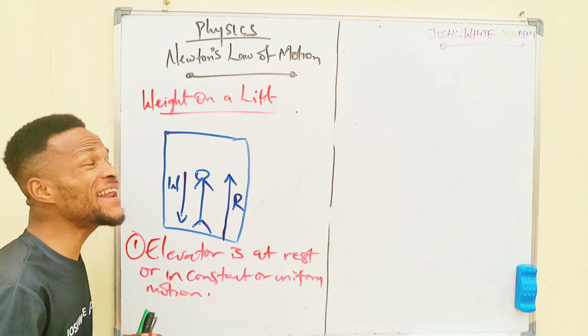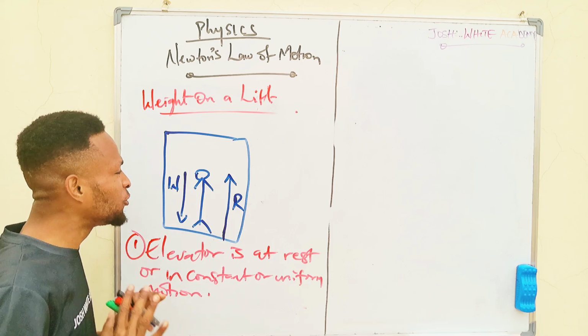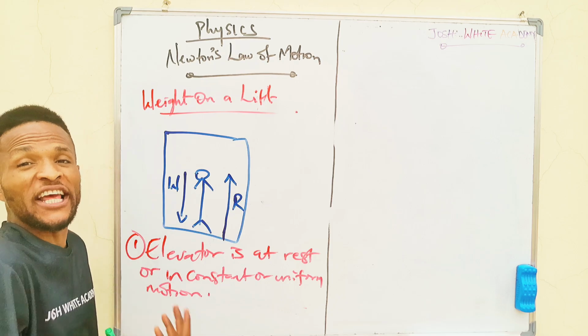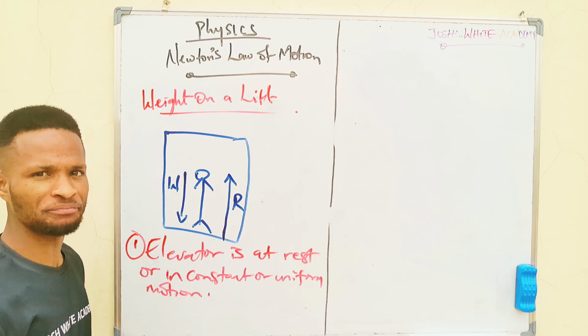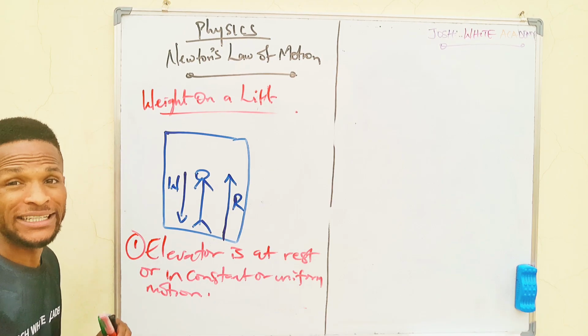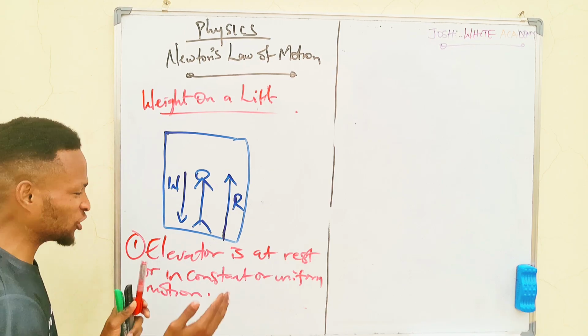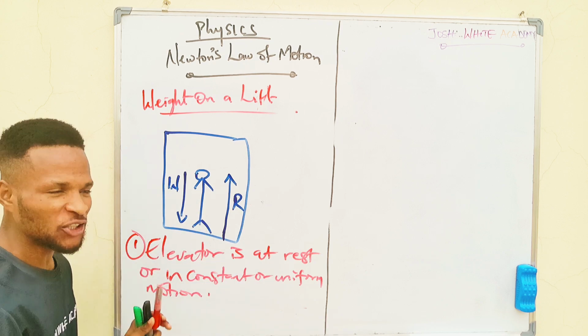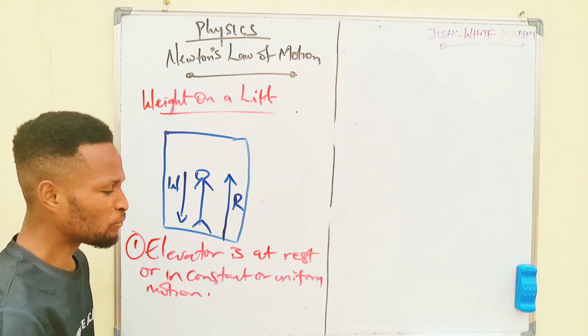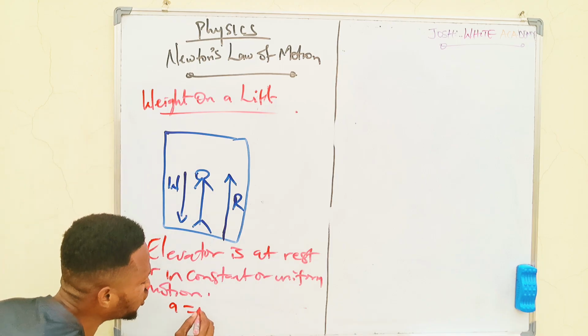So, when an elevator is not moving or is moving with a uniform velocity, we must know that at that point there is no acceleration because our velocity is constant. So our final velocity minus initial velocity will give us a 0. That means our acceleration is what?